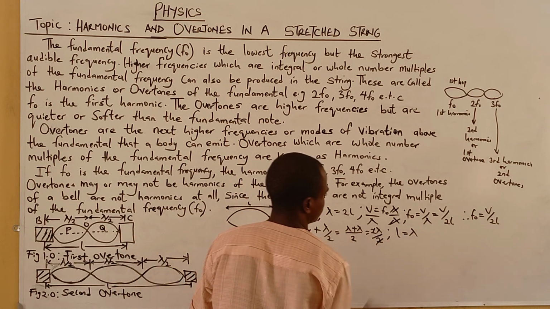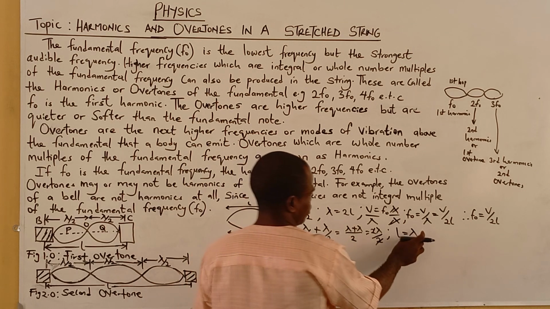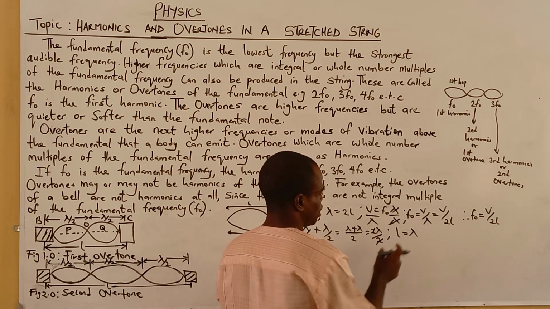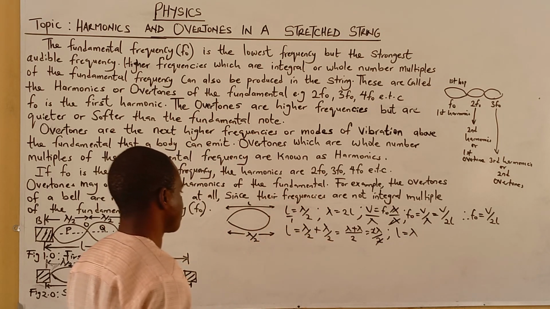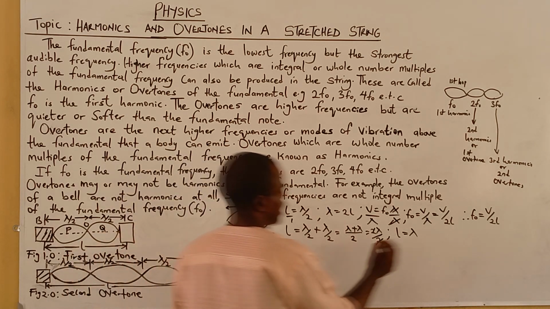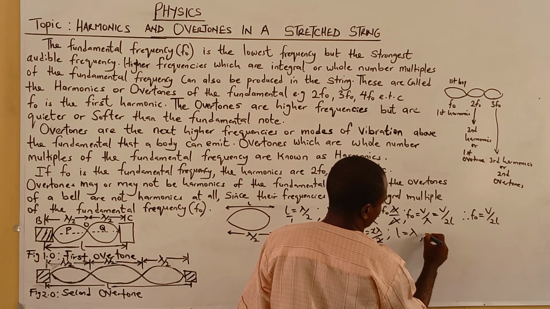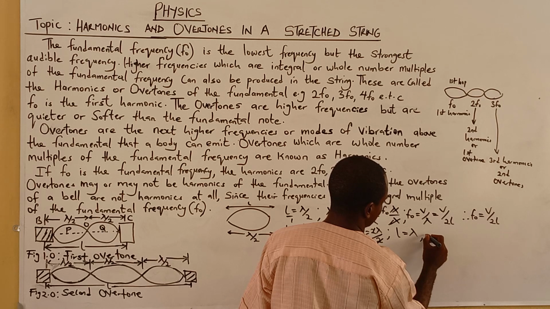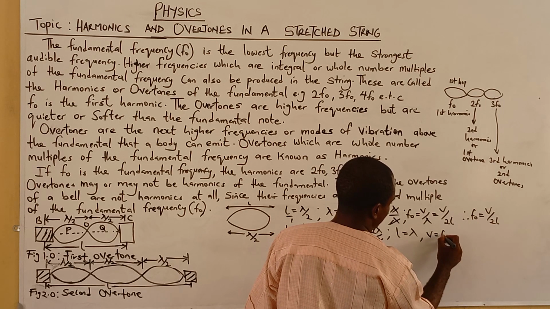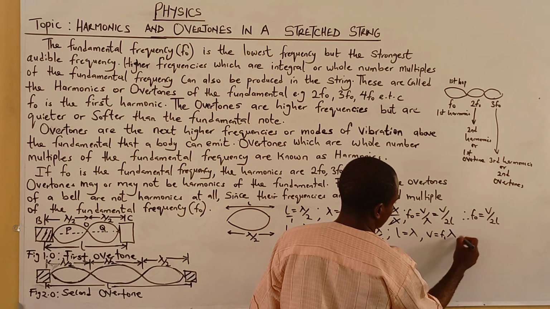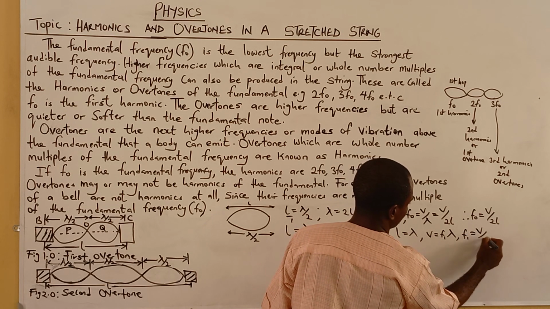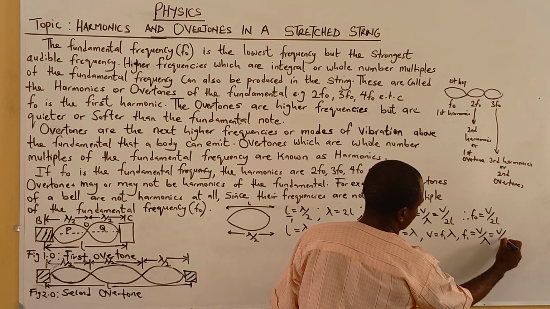L equals lambda. That means that when you bring two halves together, it will give you lambda. Now let's get our second harmonics, which is V equals F1 lambda. F1 is now equal to V over lambda, equal to V over L.